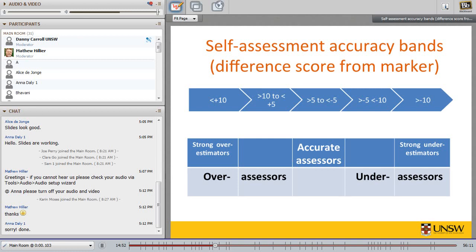So students whose predictions were within 5 plus or minus were regarded as accurate assessors, and then students who predicted that they'd get less marks than the academics, that was a relatively small group, these are under-assessors or strong over-assessors. You can see that the marks differences exist on the column for over-assessors, accurate assessors, and under-assessors.